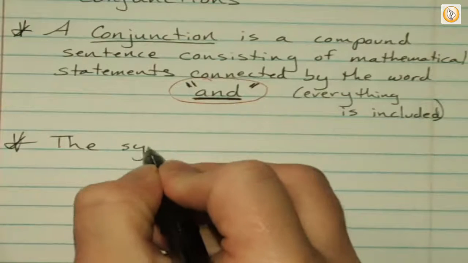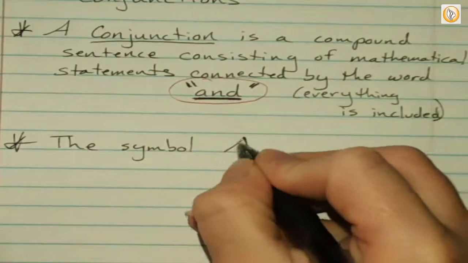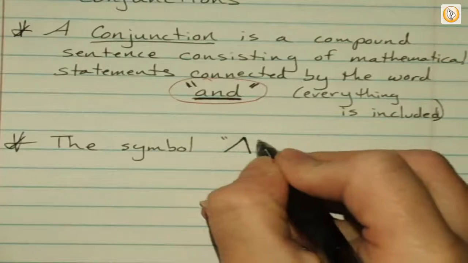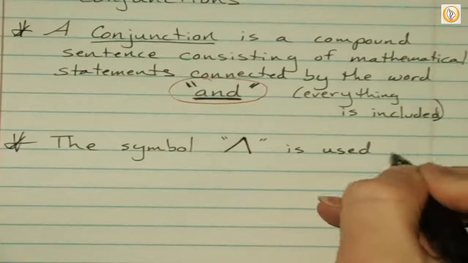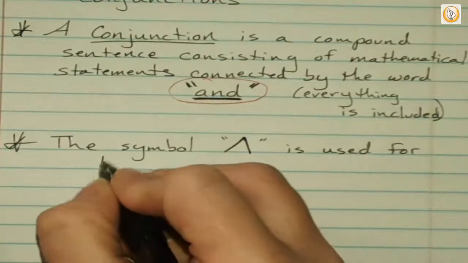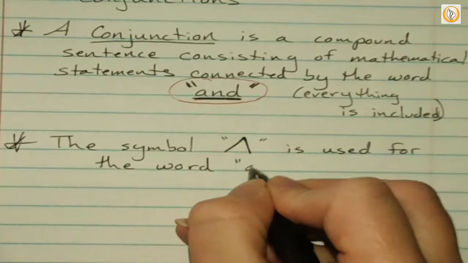The symbol that looks like a teepee is used for the word and.